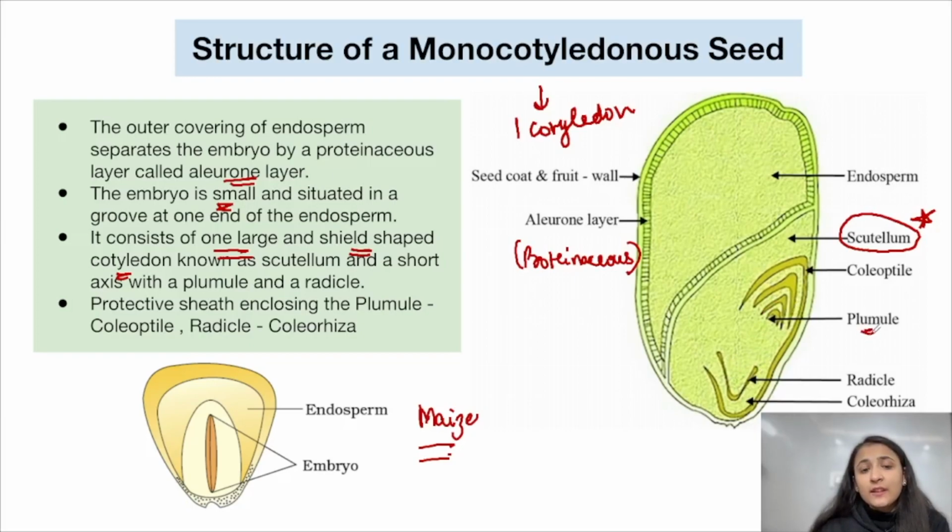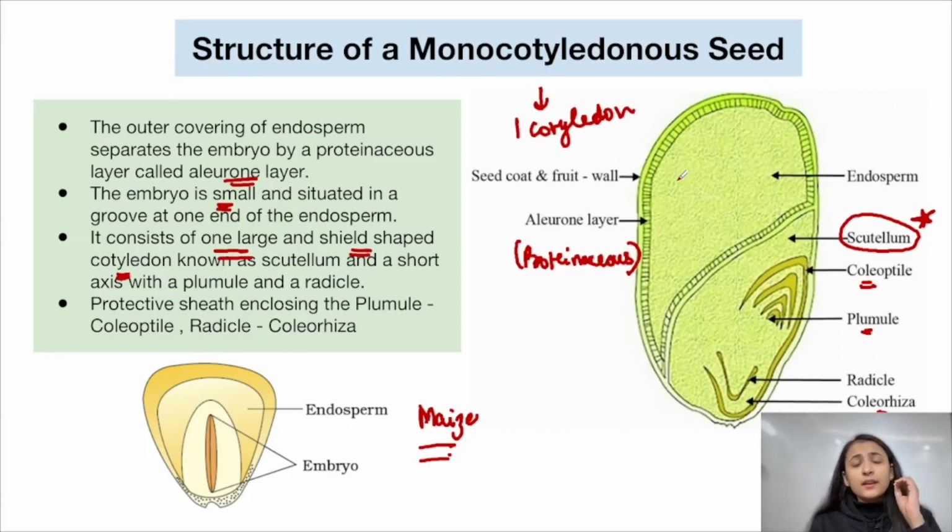The plumule will give rise to the shoot, and the radicle gives rise to the root. The protective sheath which protects the plumule is known as the coleoptile, and another protective sheath which protects the radicle is known as the coleorhiza. So these are the important parts of a monocot seed.